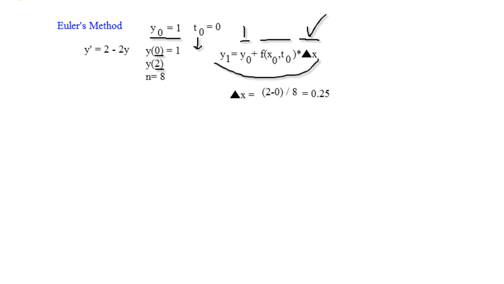So this will start at, let me see, t sub 0 equals 0. And then the next one, t sub 1, will be 0.25. And we'll just continue to go up in that fashion until we get to t sub 8, which is going to be 2.